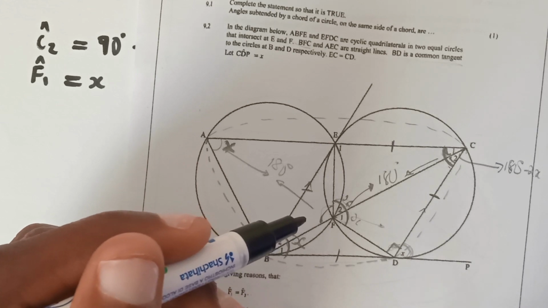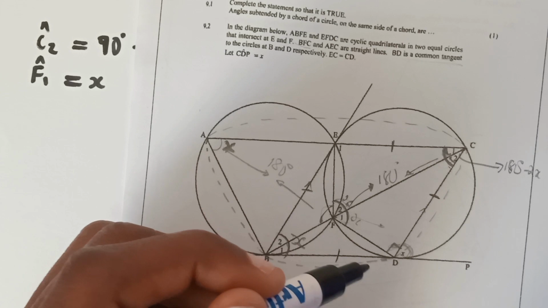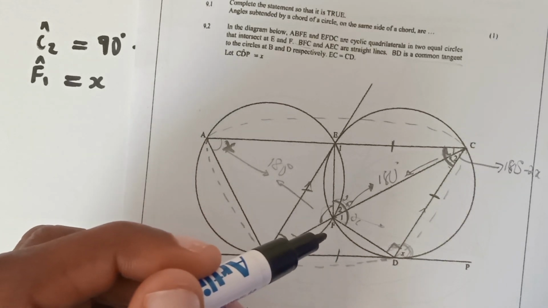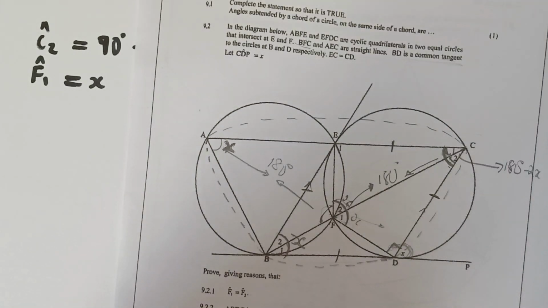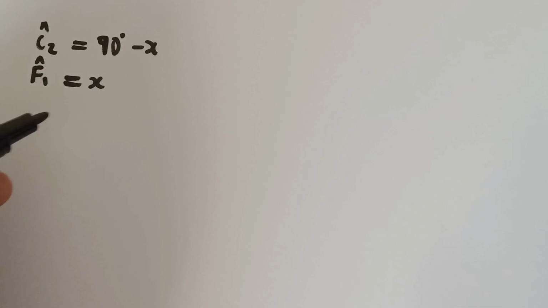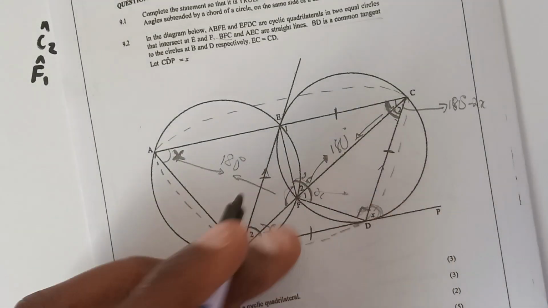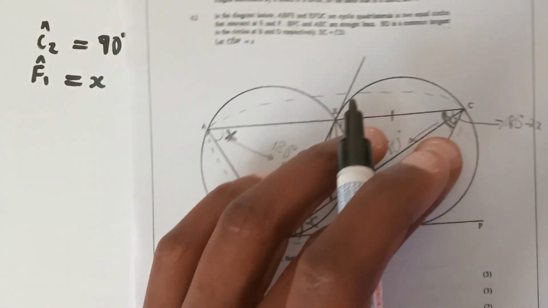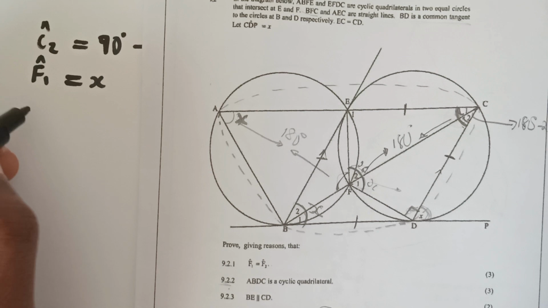What I'm trying to say is that when we add all of them, they give us 180. They are supplementary angles. So I said angle F1, then angle C2, then angle FDC, which we're trying to find.